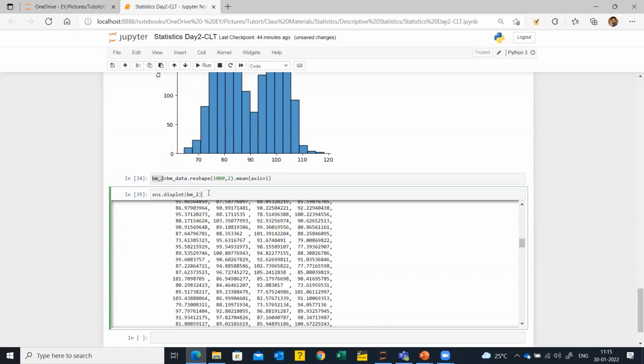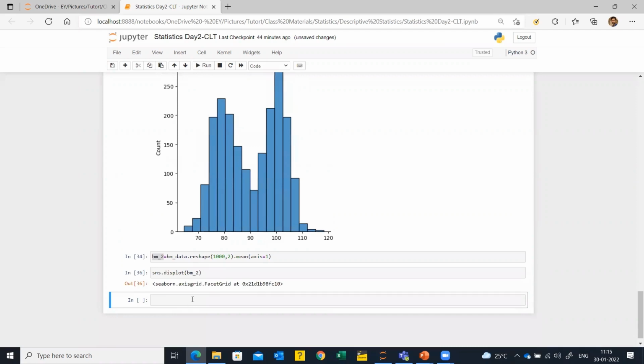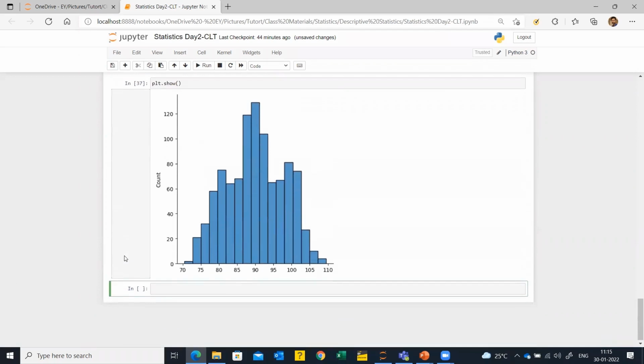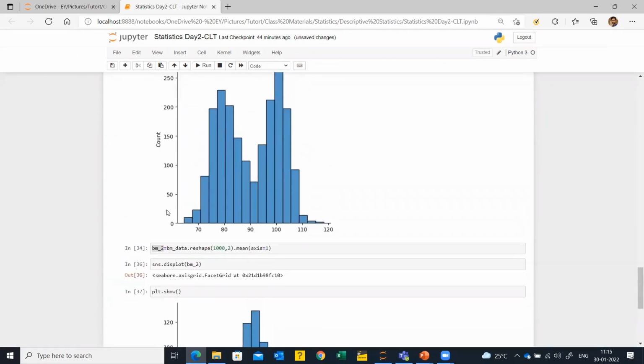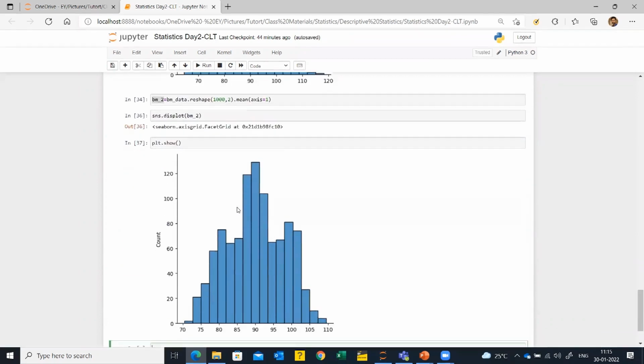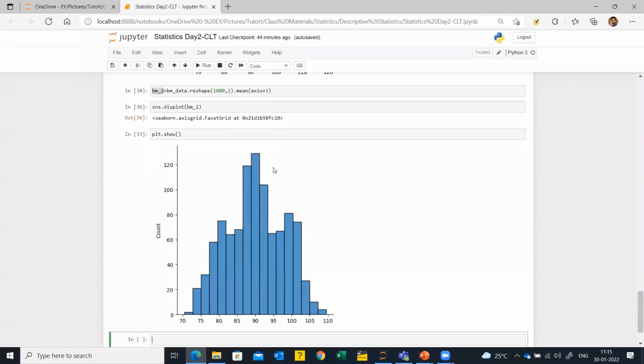Okay. Then plt.show. The same set of operations I'm performing again, right? Now you see the mean of this bimodal data set is actually a normal distribution.